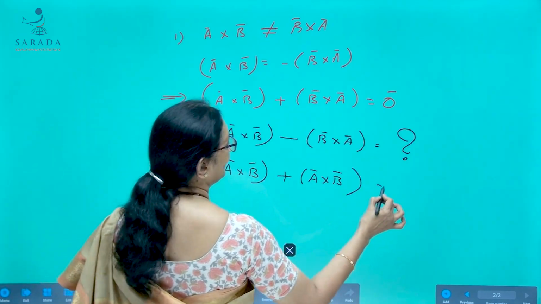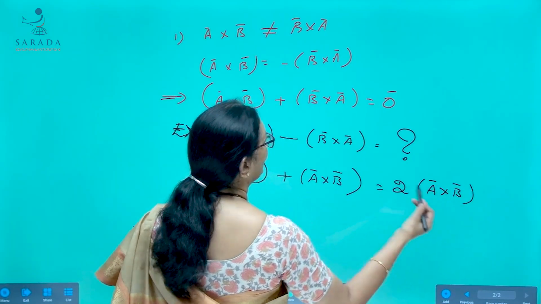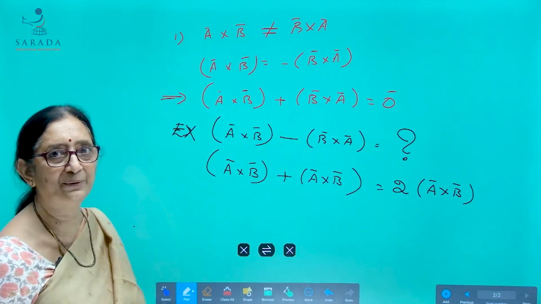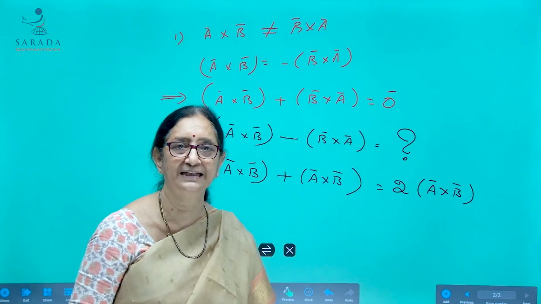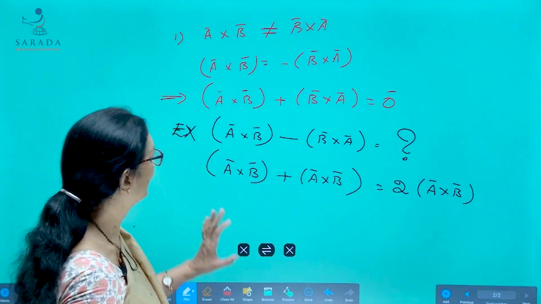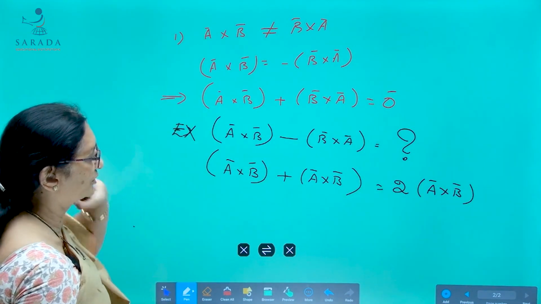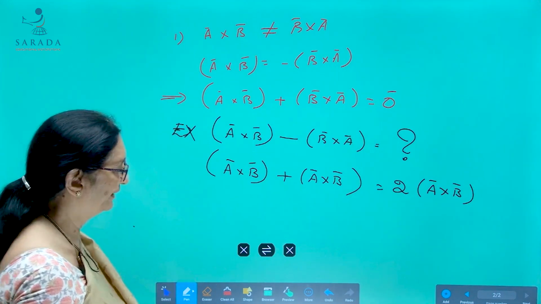So, the answer is 2 times A bar cross B bar. These two questions are given in previous objective examinations like JEE Main or NEET, right? So, cross product of vectors does not obey commutative law.